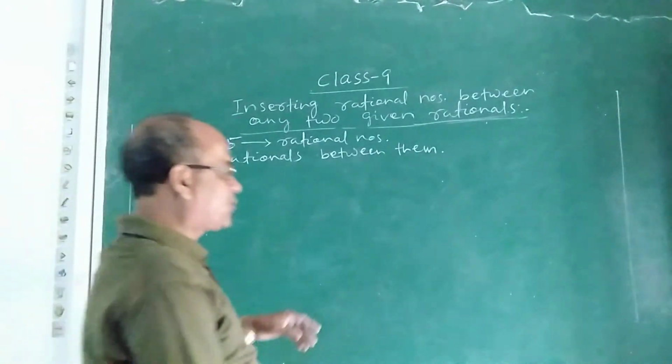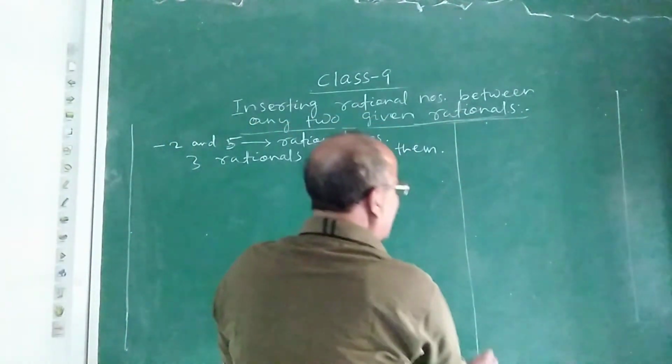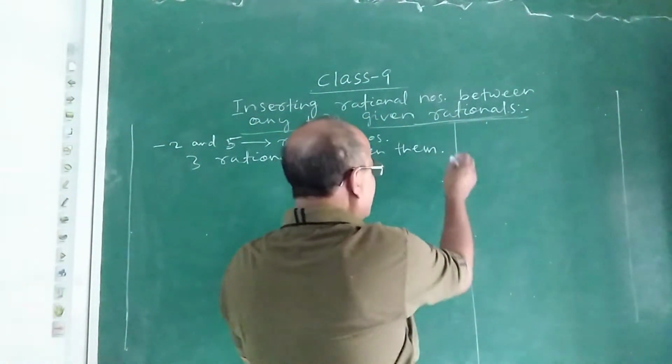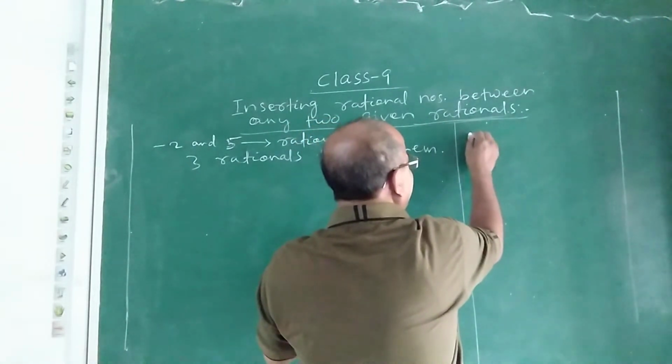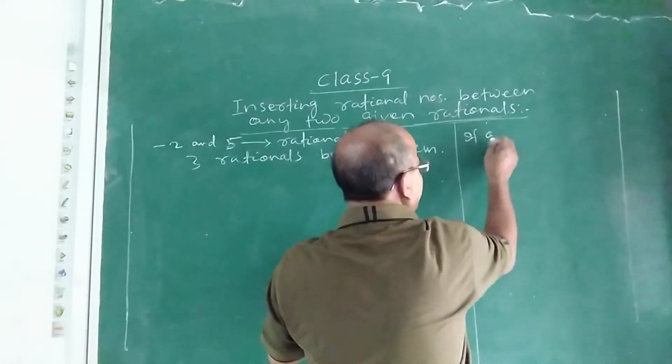What is the process? Look at the formula. Suppose you are given two rational numbers, you have to remember this.